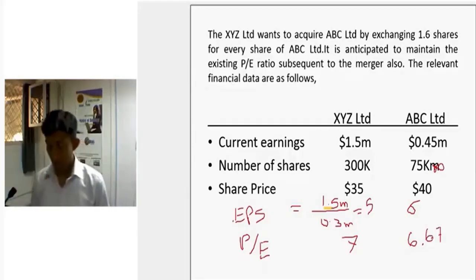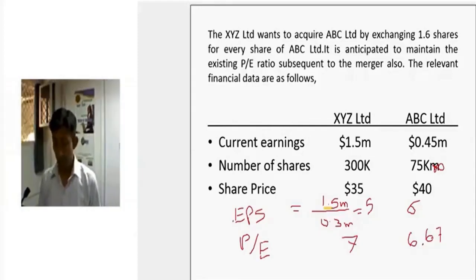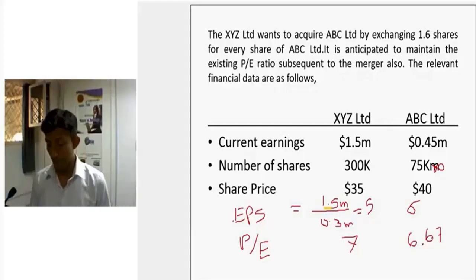Now what they say is, it is anticipated to maintain the existing PE ratio subsequent to the merger also, which means now XYZ before the merger has a PE of 7, right? And the ABC before the merger has a PE of 6.67.